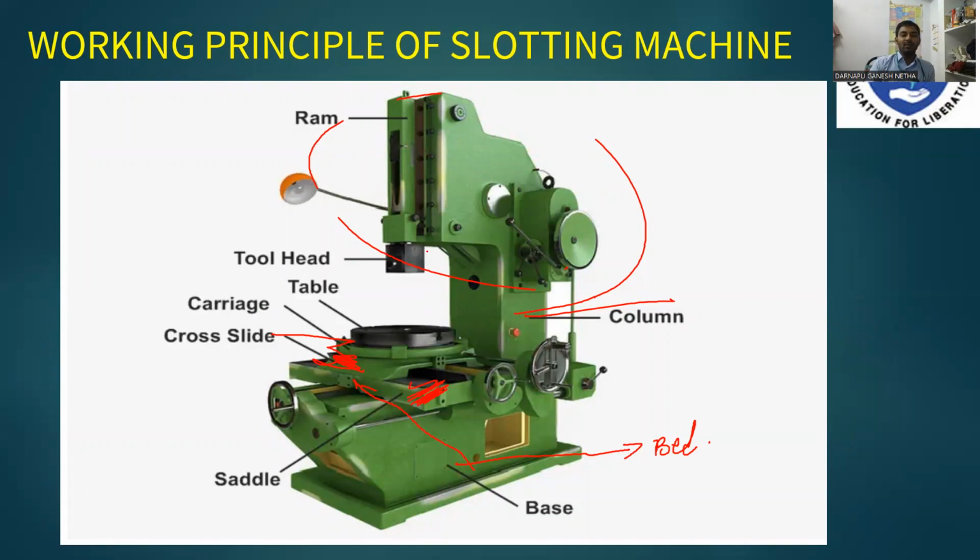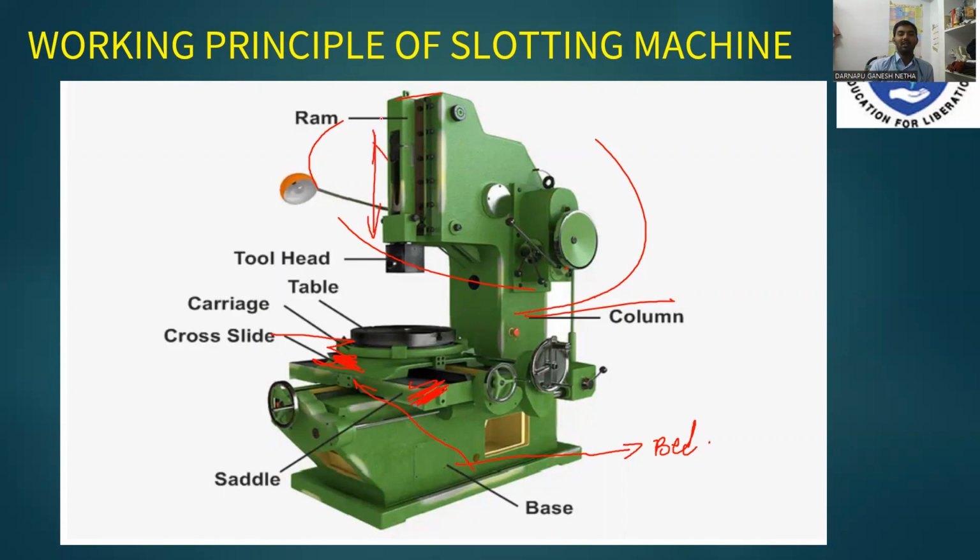At the end of the ram, the tool is mounted or held, so we can adjust the tool movement. The ram moves in the vertical direction, that is up and down.